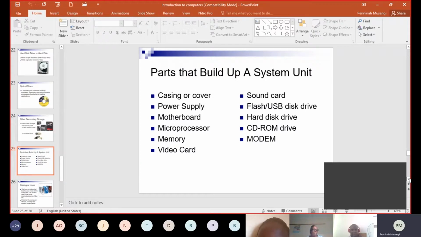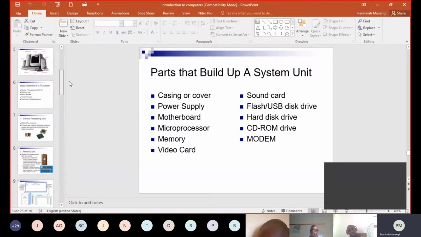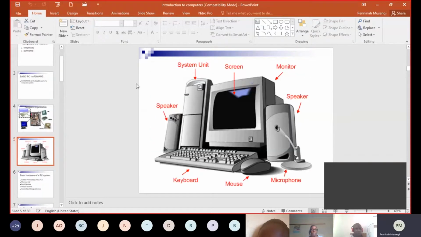Remember, we were talking about our diagrammatic representation of hardware. We have seen speakers as output, keyboards, mouse, microphone, monitors.